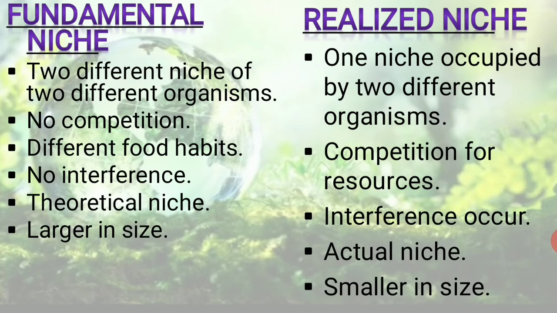So fundamental niche is a theoretical niche, but realized niche is an actual niche. And fundamental niche is larger in size than realized niche, but realized niche is smaller in size than fundamental niche, because the same space will be divided between both species. That's why. Clear?